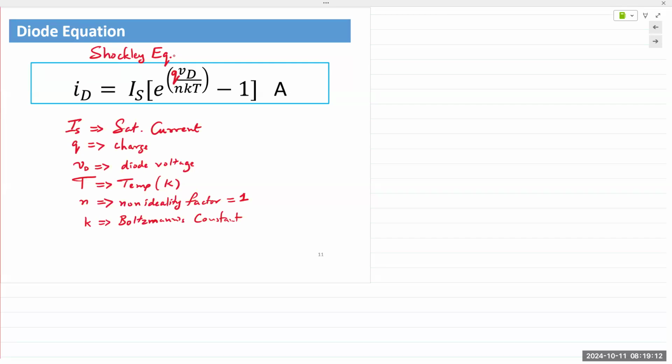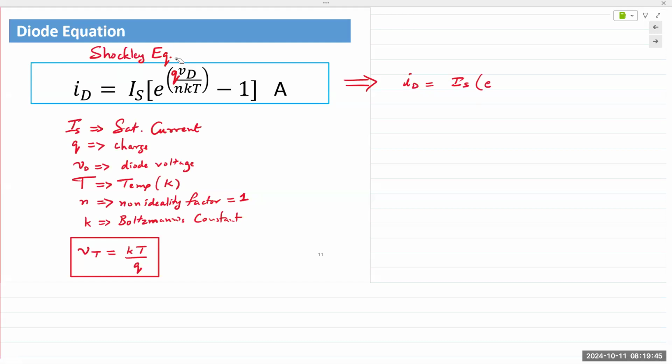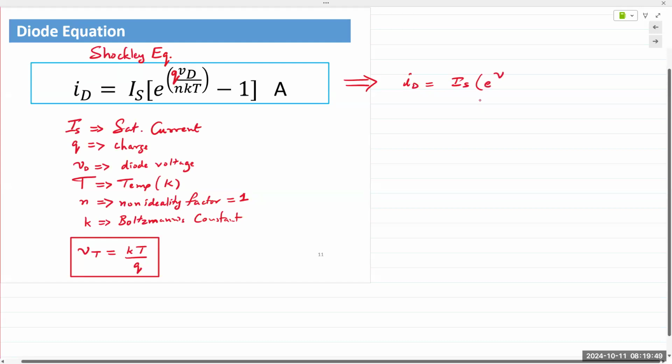We can reduce this further because we know that the thermal voltage is KT over Q. And so this can be written simply as ID is equal to IS times E raised to VD over VT, minus 1.